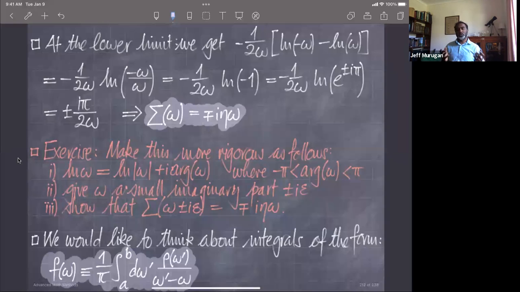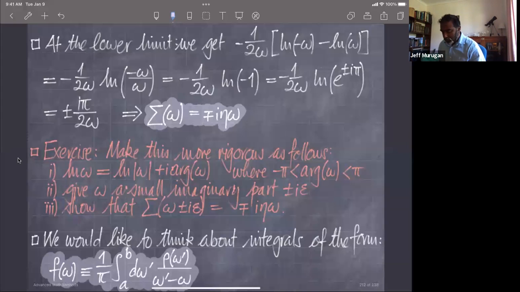One way to avoid dividing by 0, which is what would happen in that case, is to move that pole off the axis by giving it some small imaginary part. So we do what we just did, sending omega to omega plus or minus I epsilon. And when you do that, you can use the following observations about that integral, called the Plemelj formulae, to do the integral.